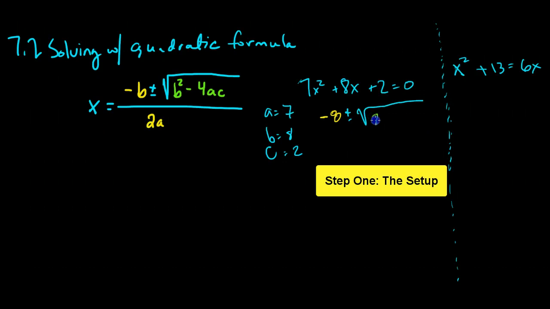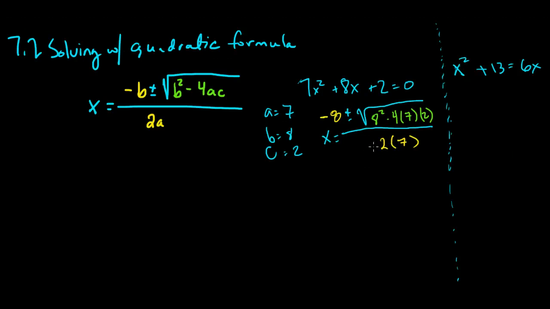So that would be 8 squared minus, I said 2, but I meant 4, minus 4 times 7 times 2, because 2 is part of my C. And all of that is going to go over the quantity 2 times A, or 2 times, in this case, 7.